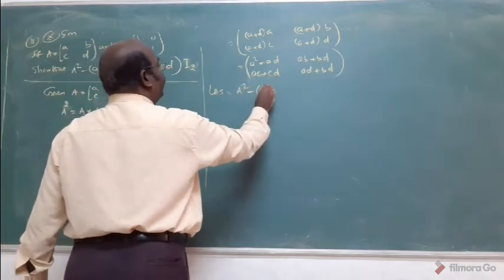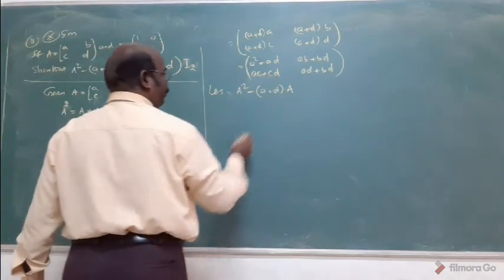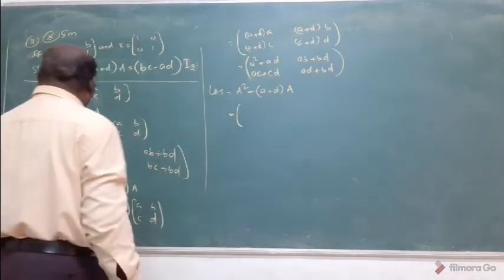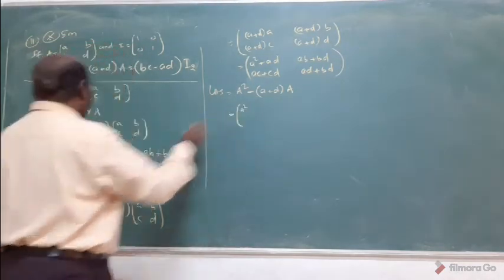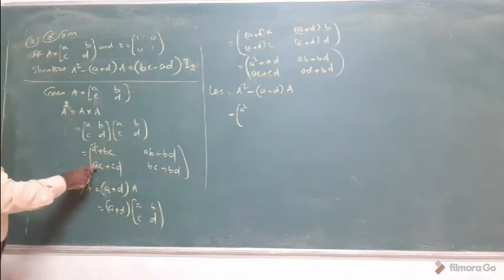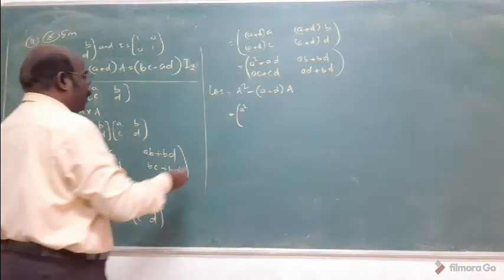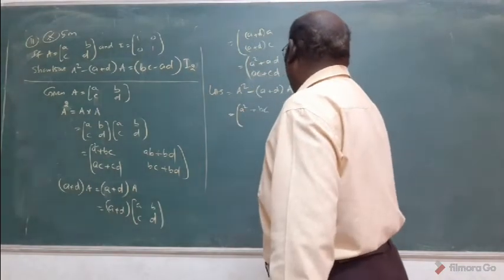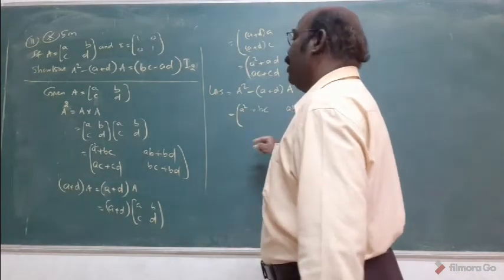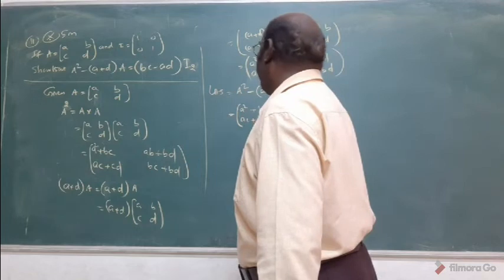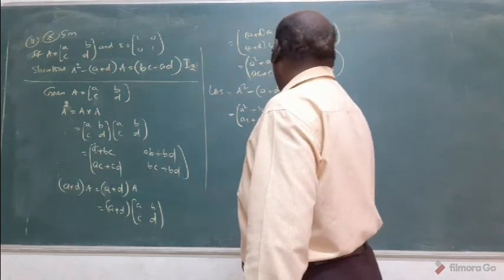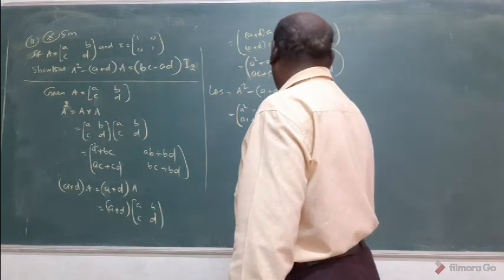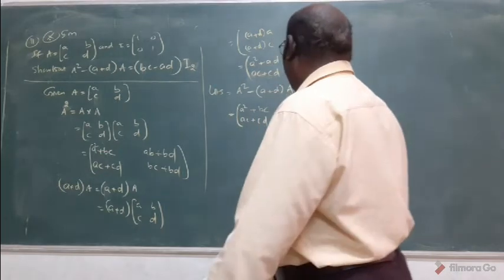What is it? A square minus A plus B. The A square I will write out. A square. This is A square what? A square plus B C, A C plus C. This is I will write out. A square B C, A B plus B D. Next step, A C plus C D. Here, B C plus B D. Minus.